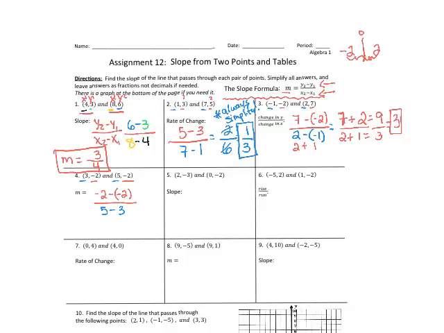We're going to keep it, change it, opposite, and we're going to get a 0. And we're going to divide this by 5 minus 3, which is 2. And now this is what we call 0 slope.